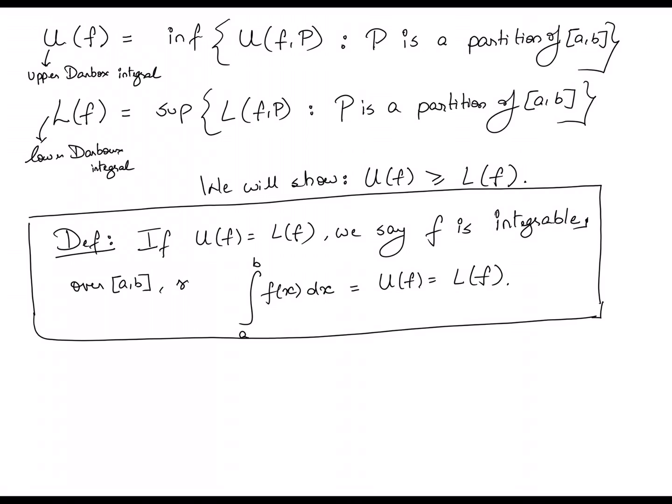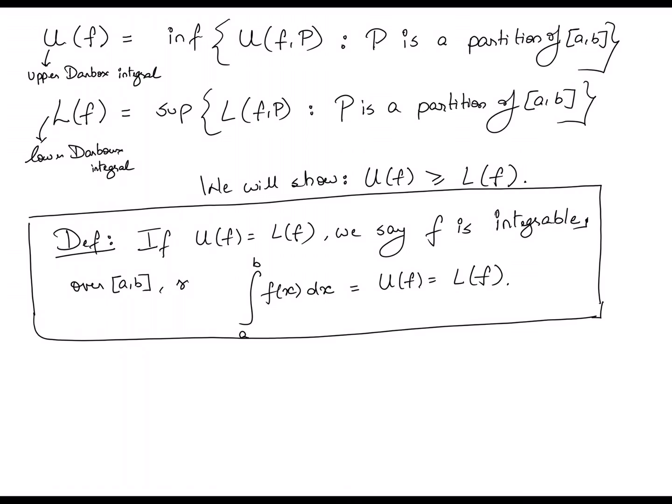Similarly, whenever a function is Darboux integrable, it is also Riemann integrable and the values of the integral agree. So I can think of this equivalently as a definition of the Riemann integral as well. At this point, we'll stop saying Riemann or Darboux integrable, we'll just say integrable. So this is the definition of the integral.